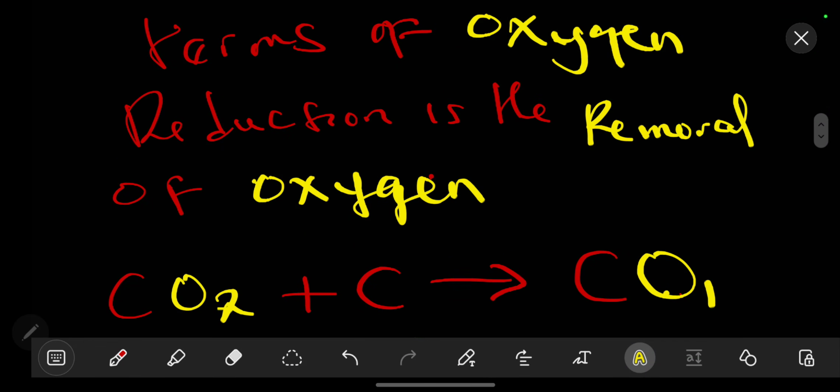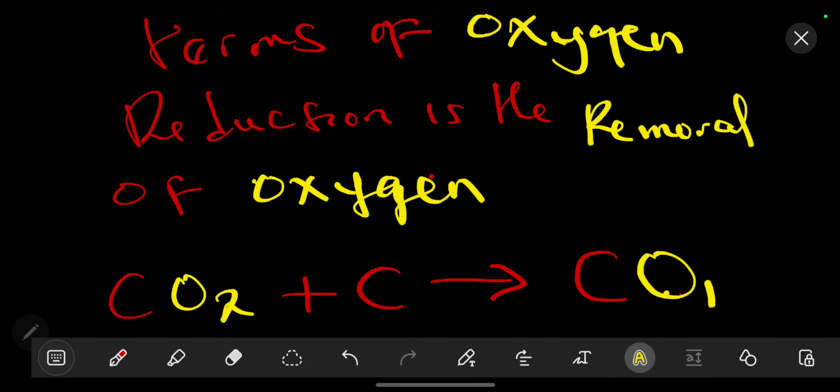If we have a reaction where carbon dioxide reacts with carbon to produce carbon monoxide, you will realize that the state of carbon dioxide had a 2 here, combines with carbon, then we only have a 1 here. So this is a reduction in the sense that oxygen has been removed.